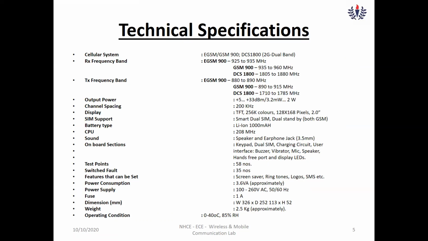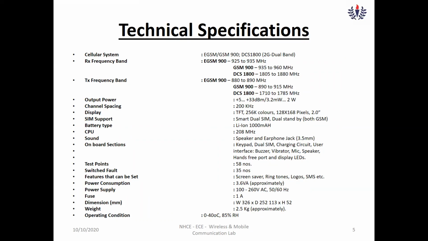And SIM support, we have already explained, it is a smart dual SIM mobile phone. So we have SIM support for both the mobile units, and it is powered by a battery unit which is a lithium ion battery of specification 1000 milliamp hours.